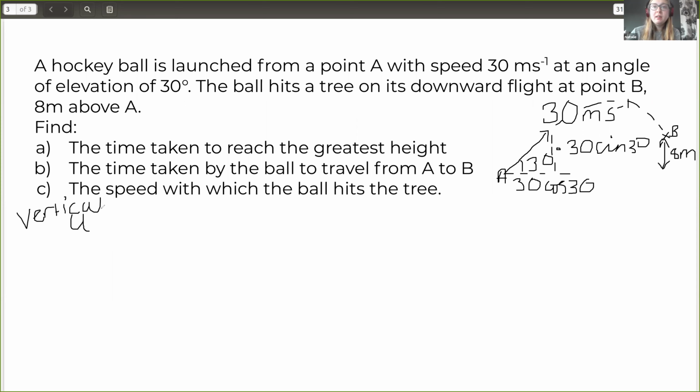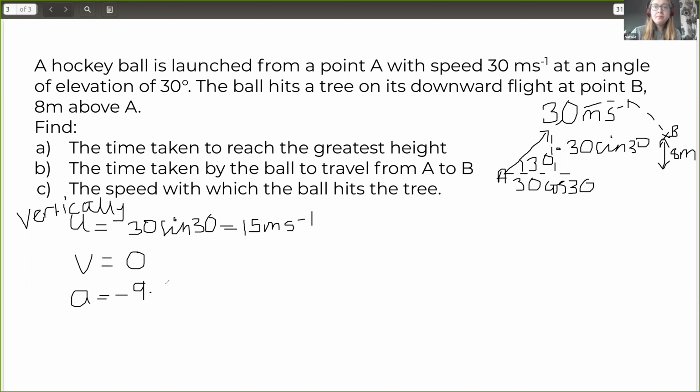So vertically, the initial velocity is our 30 sine 30, which actually works out to be 15 meters per second. Our v, at our maximum height, we know that the velocity vertically is 0. We know that the acceleration is minus 9.81.